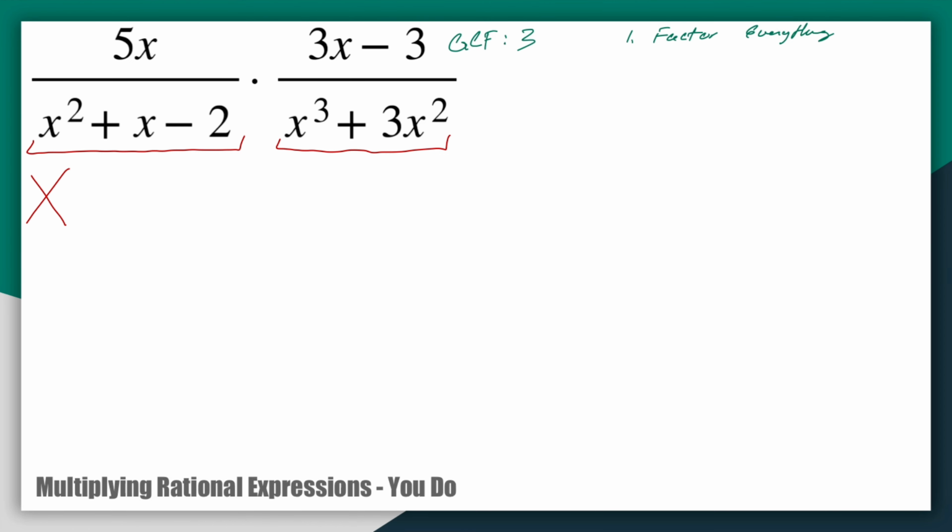We have a greatest common factor again. So greatest common factor, and that's going to be x squared, okay? So 3 out of 4 of these terms can be factored, okay? But the first one, 5x, can't, so I'm going to leave it. And then the top one, if we divide out that 3, we get 3 times x minus 1, okay?